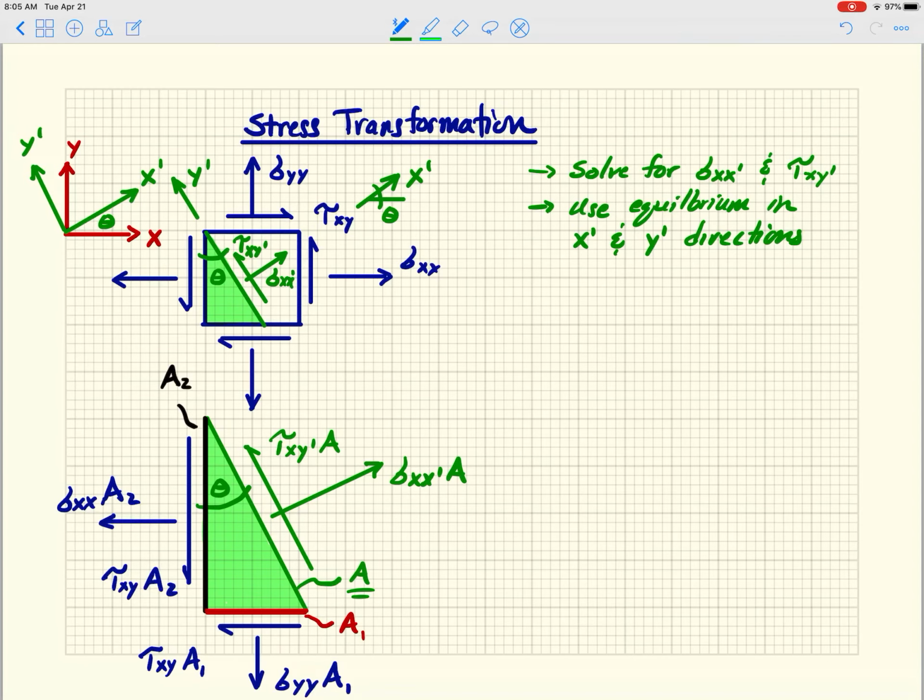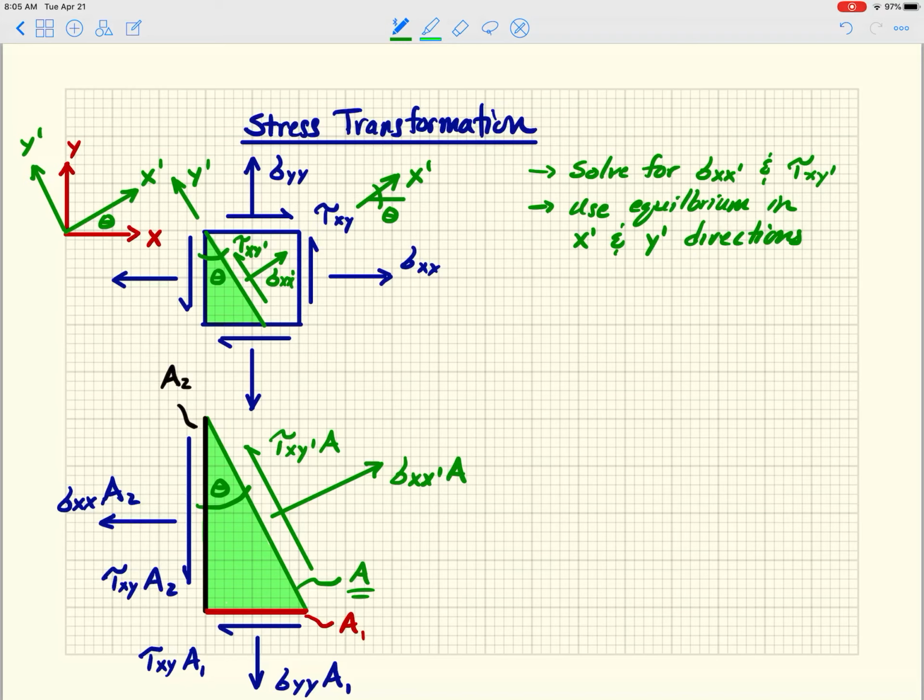There's a couple of things that we have to account for here. First, we've got to calculate the areas A1 and A2 in terms of theta and the area along the cut. The cut can happen at any angle.